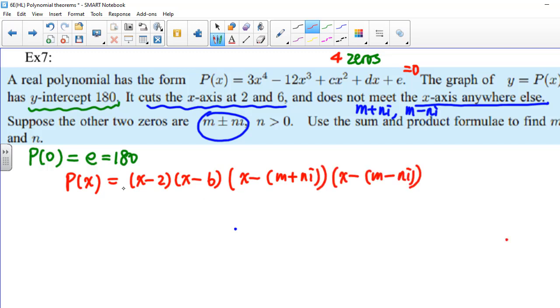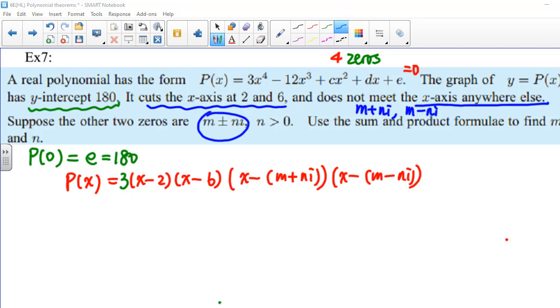Also be careful about the leading coefficient. This quartic polynomial function has a leading coefficient 3. But if I just change the p of x to this factored form with 4 linear factors, I should multiply by 3 in the very front to show the leading coefficient.